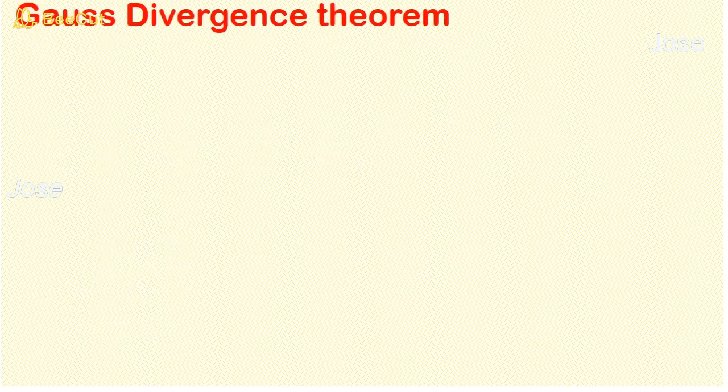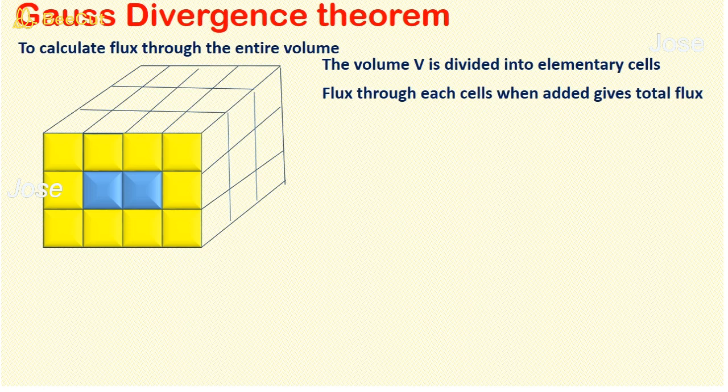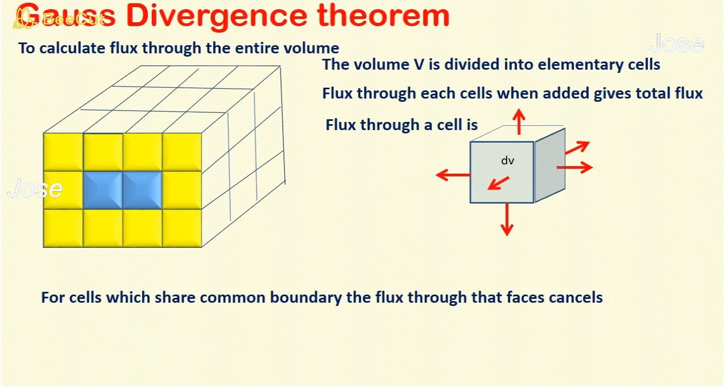To calculate flux through the entire volume, the volume is divided into elementary cells. We now calculate flux through a cell and add to get the total flux. Flux through a cell is given by the following figure. There may be cells which share a common boundary and there may be cells which do not share a common boundary.